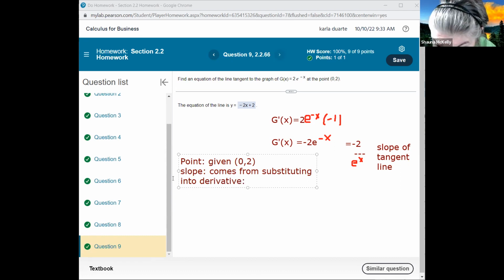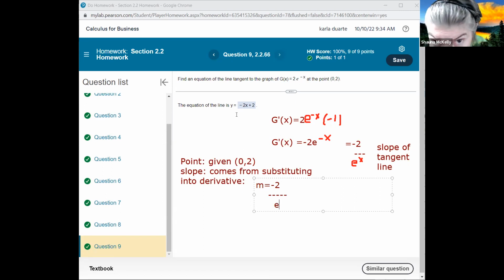So here I'm going to plug in my x coordinate, which is 0. So my slope, I'm going to call this m, is equal to -2 over e to the 0 power. Now remember, e is a number, and a number raised to the 0 power is going to be 1.